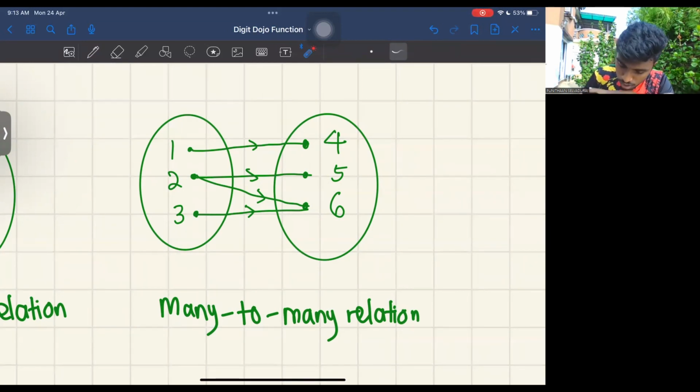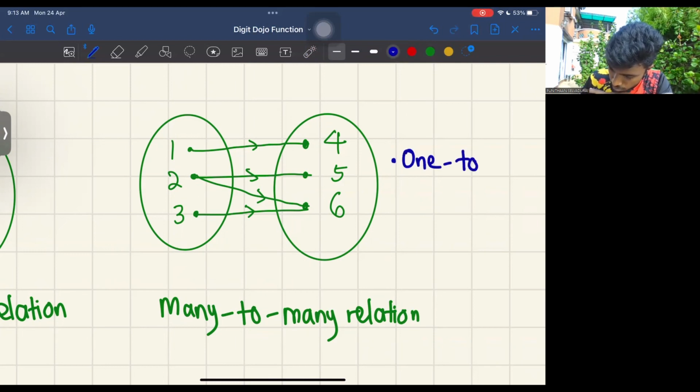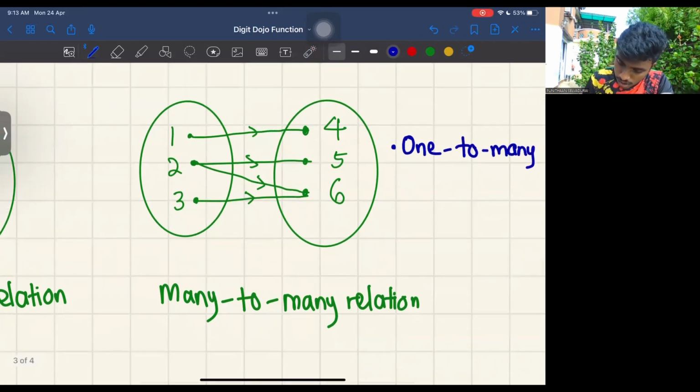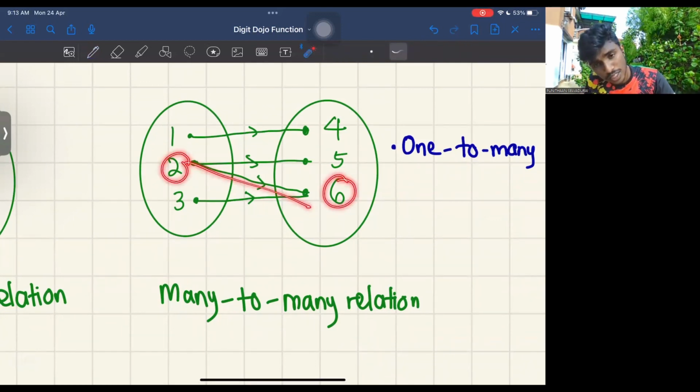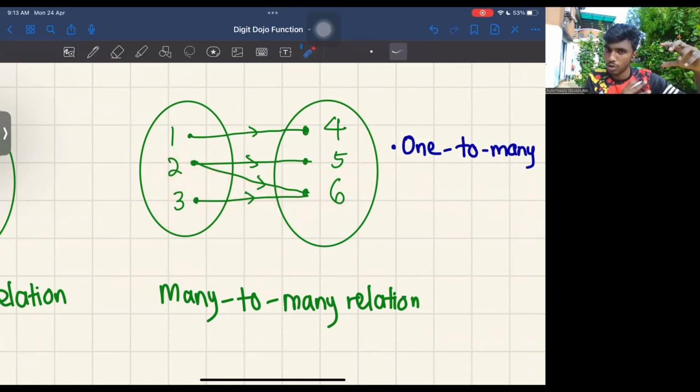Okay, so here we can see the first one, 1 to many. Not only that, now we check another one. Here, when you check 6, 2 is also going to 6, 3 is also going to 6. Okay, means many objects, 2 and 3, are mapping into 6, the same image.